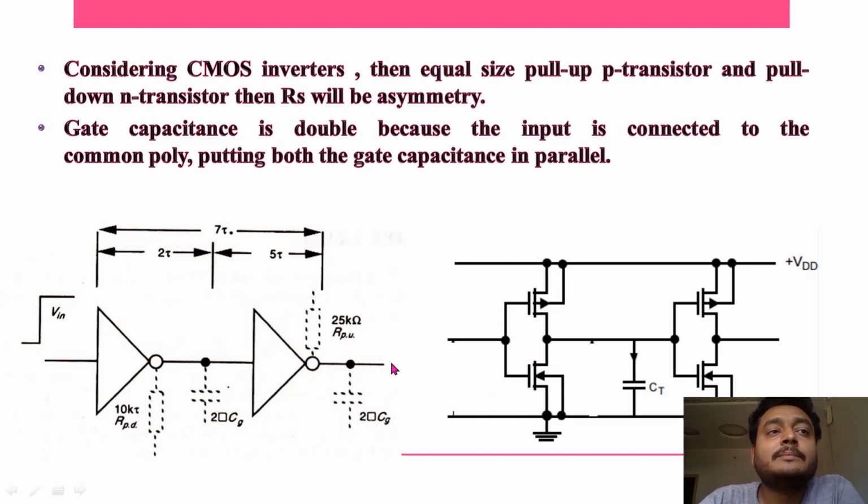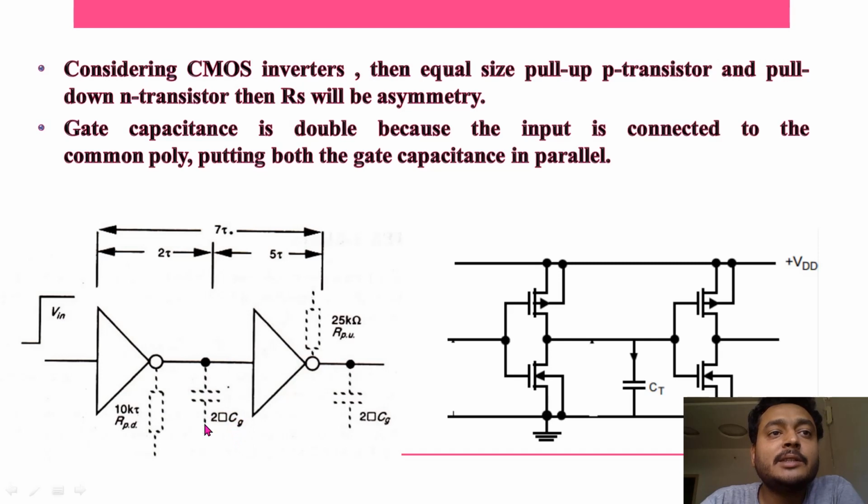In this case, the RS will be taken from this transistor, that is your one time RS. For example, if you take 10 kilo ohm here, okay, 10k. Similarly, for CG we have taken two times the standard unit of gate capacitance.